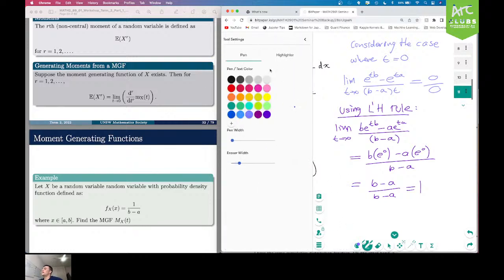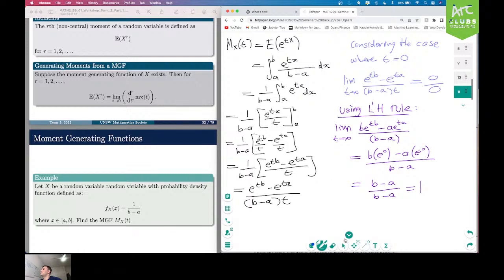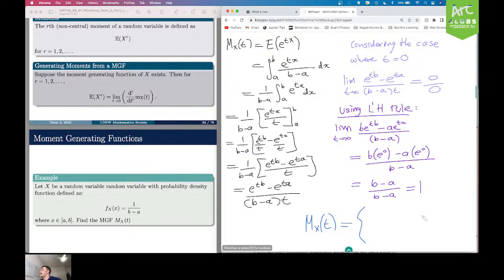So what have we actually said here? We've noticed that our moment generating function is defined differently depending on t. So our moment generating function in terms of t has two possibilities: a case where t is not 0, and a case where t is equal to 0. If t is equal to 0, we just found that our moment generating function is 1, from observing the limit.